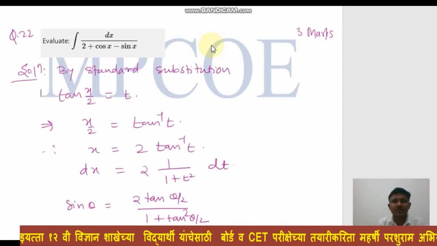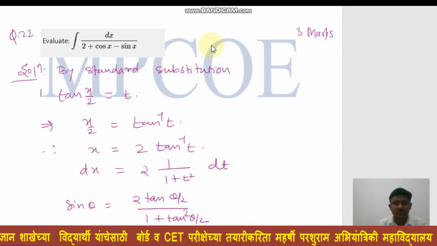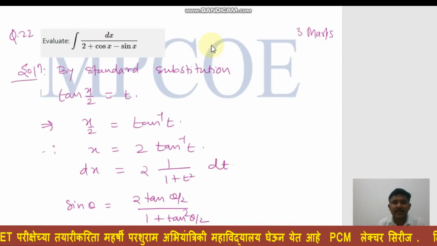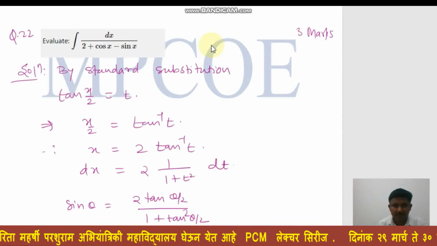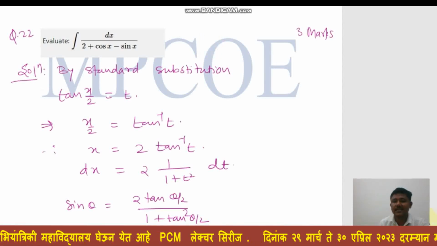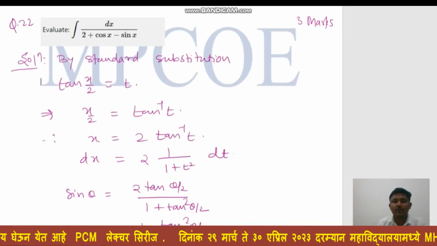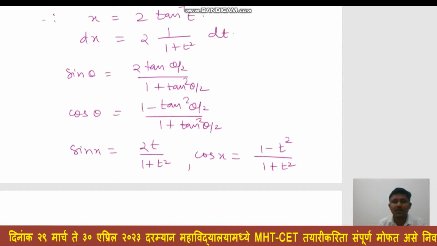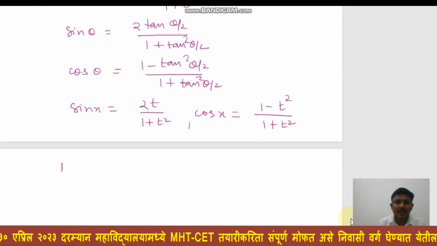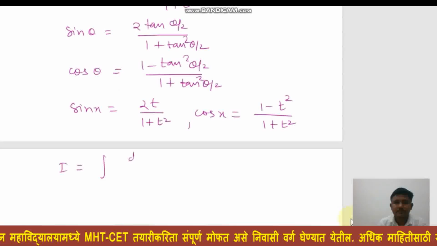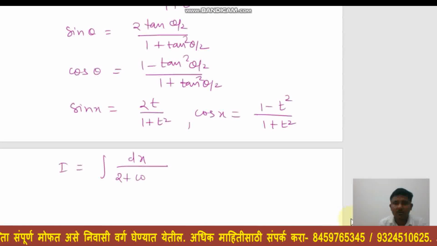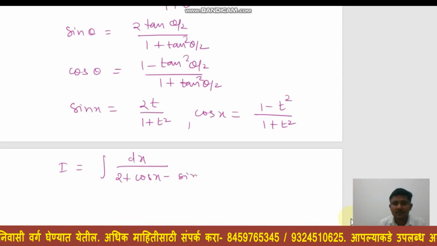So the integration is actually integral dx upon 2 plus cos x minus sin x. We have obtained the value of cos x in terms of t and the value of sin x in terms of t, and we have also calculated dx, that is 2 by 1 plus t square into dt. So we will resubstitute all the values here. Suppose I be that integral dx upon 2 plus cos of x minus sin of x.